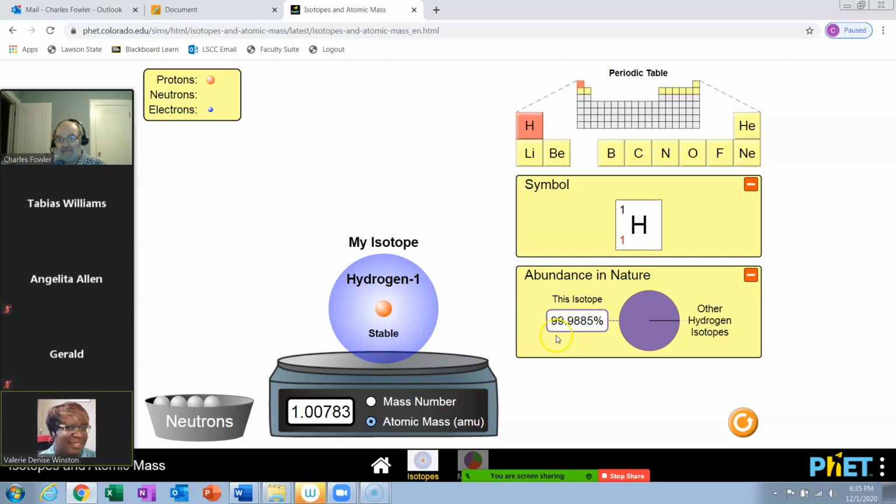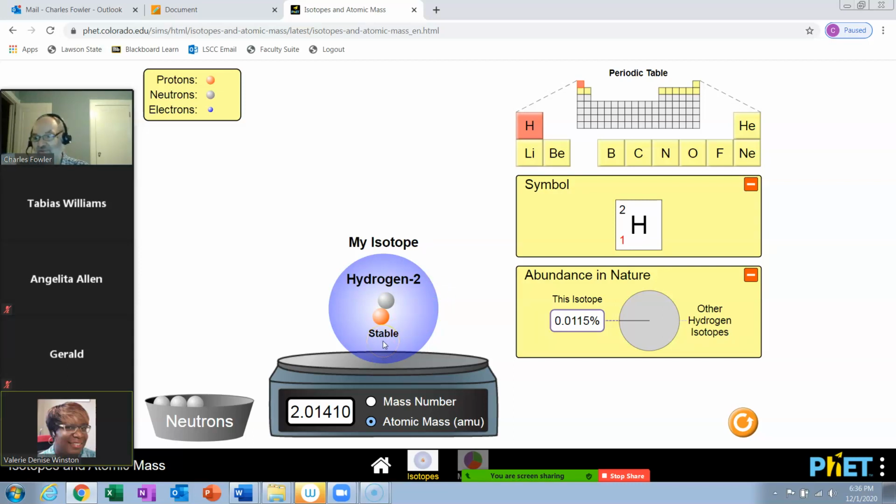Yes. Okay, then let's add a neutron. I'm going to pick up this neutron and put it in here. So there we have it. How many protons? 1. How many neutrons? 1. How many electrons? 1. This is hydrogen 2, by the way. Is it stable?